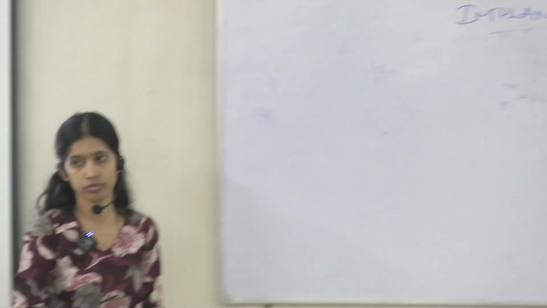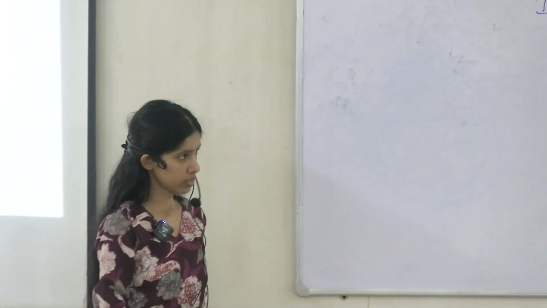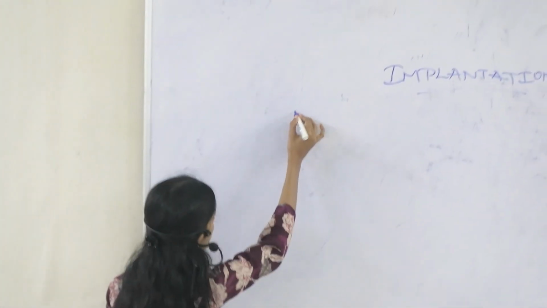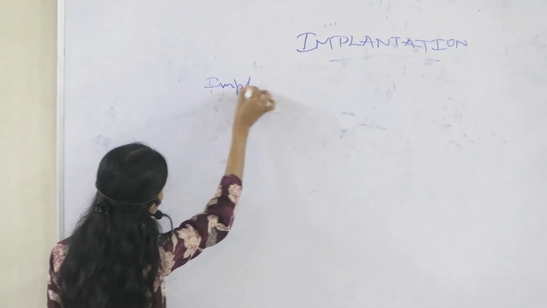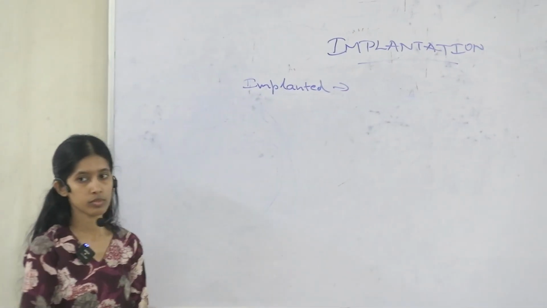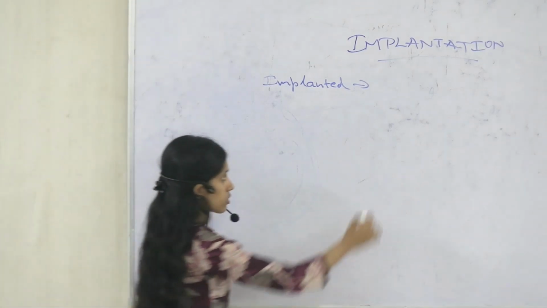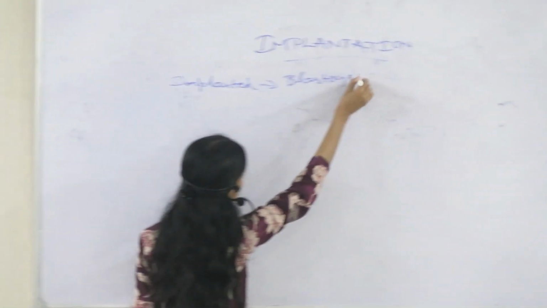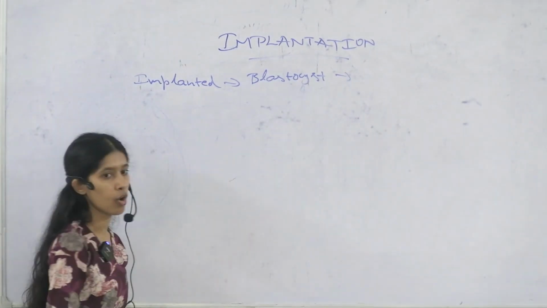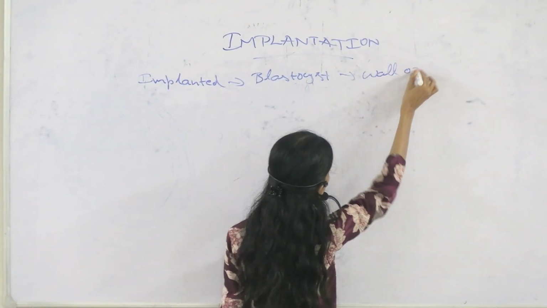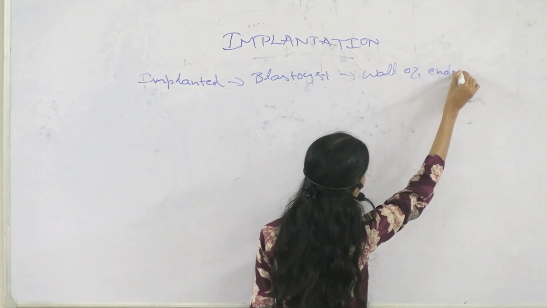Okay. The next topic is implantation. What is the structure that gets implanted here? Blastocyst is the structure that will get implanted into the wall of the endometrium.